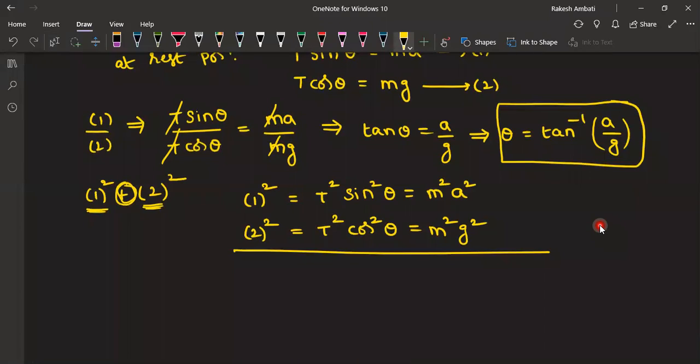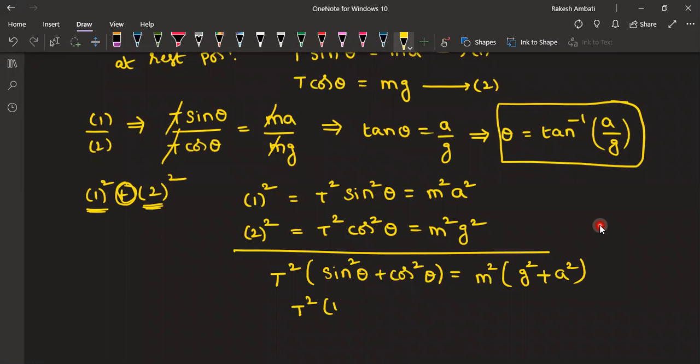In the addition, on the left side T square is common, so we have sin square theta plus cos square theta. On the right-hand side, m square is common, so we have g square plus a square. Sin square theta plus cos square theta is 1. So T square into 1 equals m square into the bracket g square plus a square.